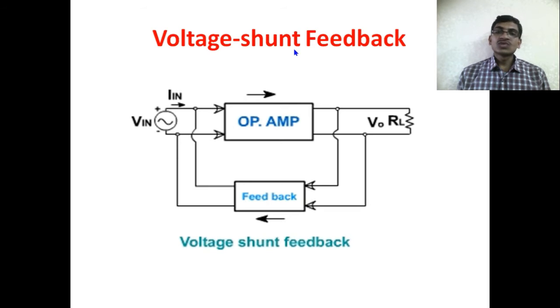The second word, shunt, represents the mixing. We mix the current in shunt format, so the input current Iin is mixed with the feedback current If. As we are mixing current, Iin is in parallel with the feedback current If.